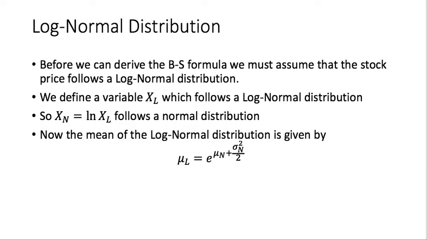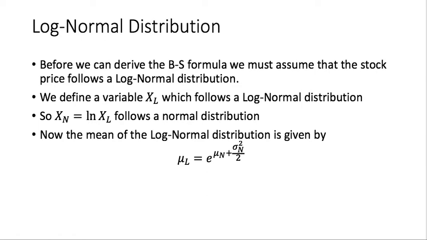The next thing we have to go over is the properties of a log normal distribution, because to derive the Black-Scholes equation, we have to assume that the stock price follows a log normal distribution. So here we're going to define a variable XL, which will follow a log normal distribution. XN would equal log of XL, which would follow a normal distribution.